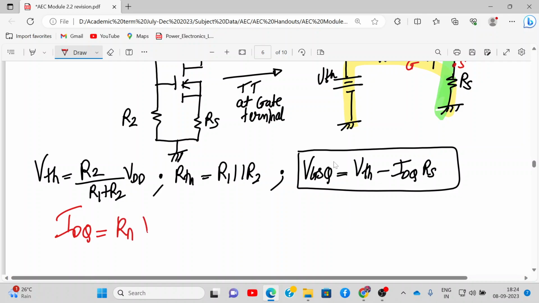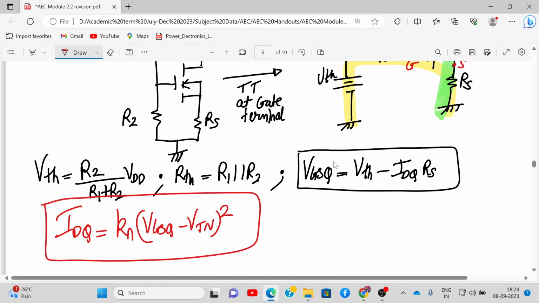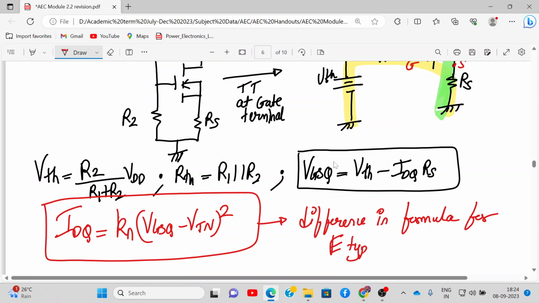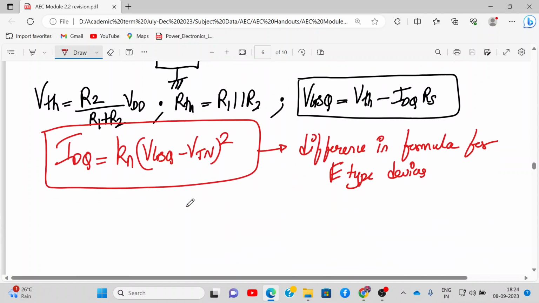Here it is Kn times VGSQ minus VTN, the whole square. This is the difference in formula for E-type devices. Only this step is different, rest all the steps are same.